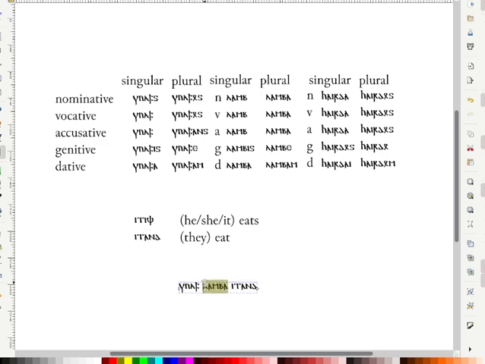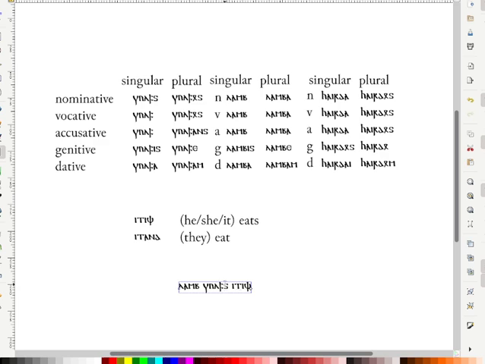Usually you would want to say something like this. Lamba wolf itand. The sheep eat the wolf. But if you could just change it to that, wolfs lamb iteth. The wolf eats the singular sheep.